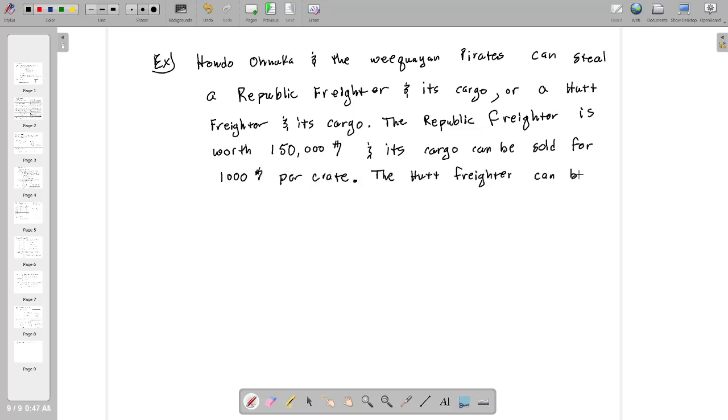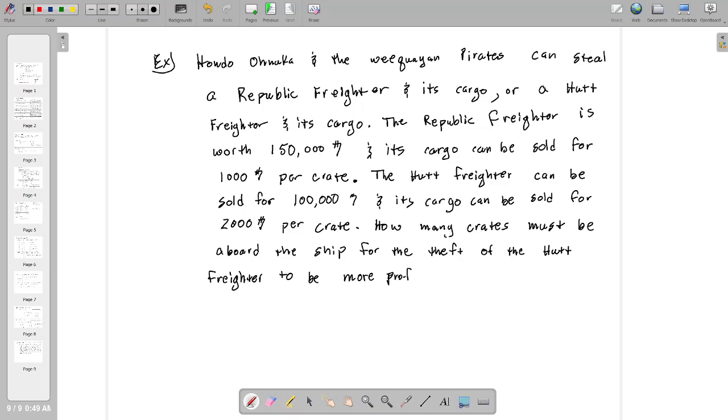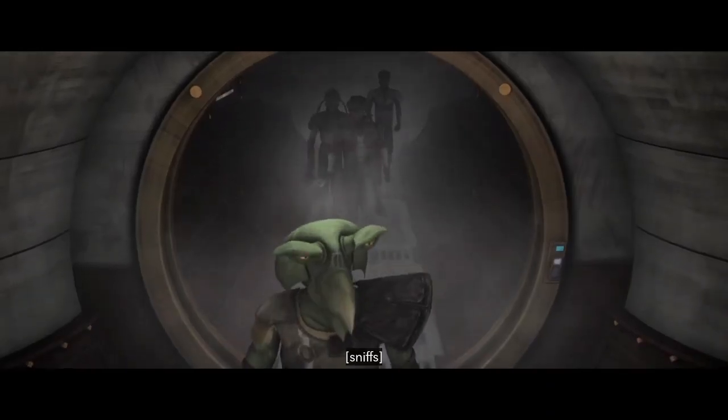The Hutt freighter can be sold for 100,000 credits, and its cargo can be sold for 2,000 credits per crate. How many crates must be aboard the ship for the theft of the Hutt freighter to be more profitable? We assume that the number of crates is equal on both the Republic and the Hutt freighter.